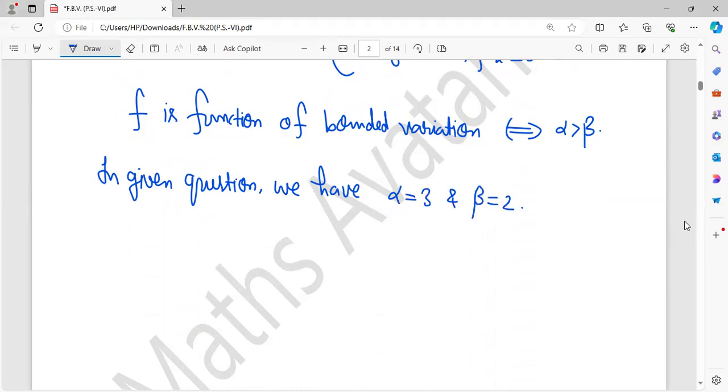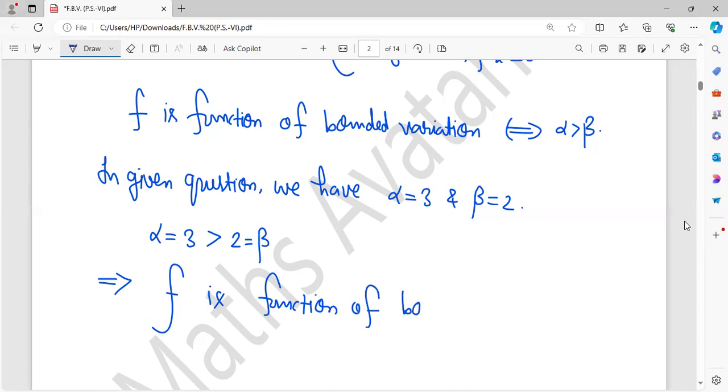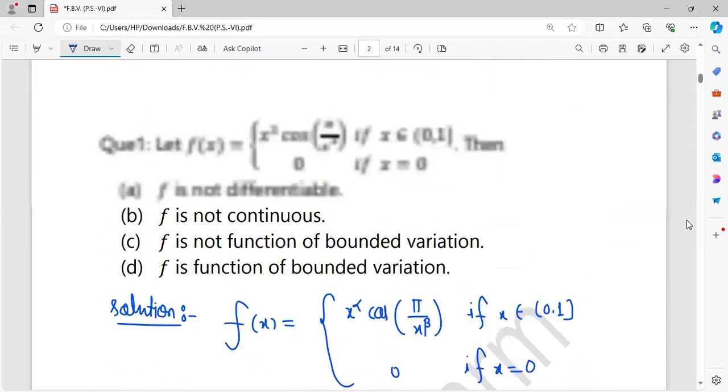So alpha, which is 3, is greater than 2, which is beta. So what does it mean? F is a function of bounded variation. Which option is correct? Option number D is correct.